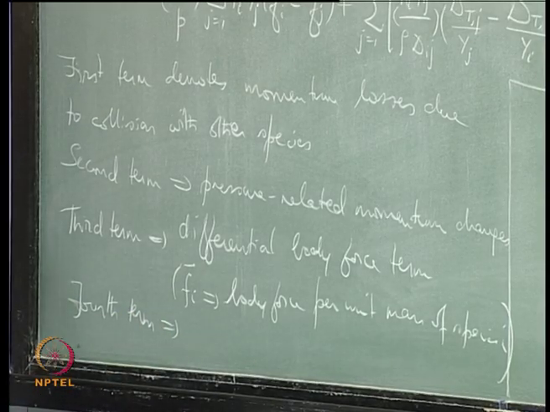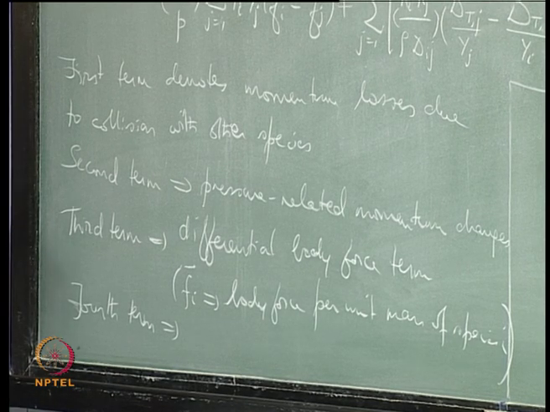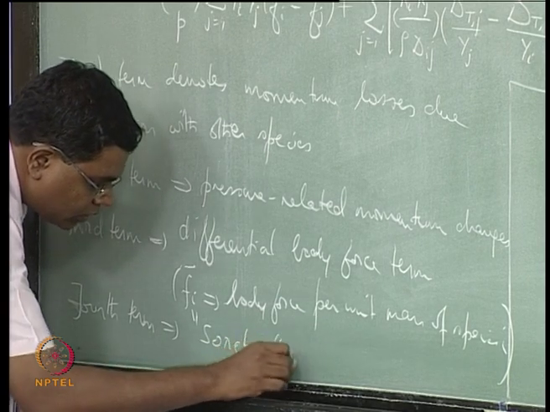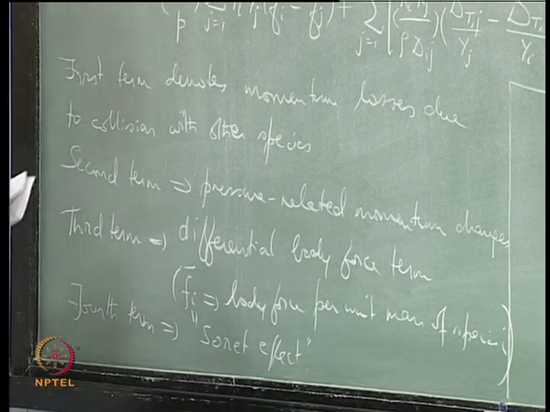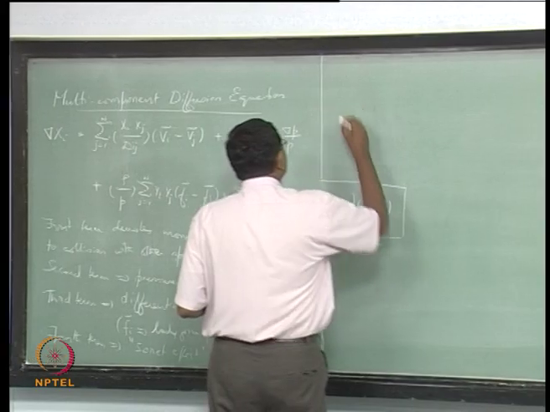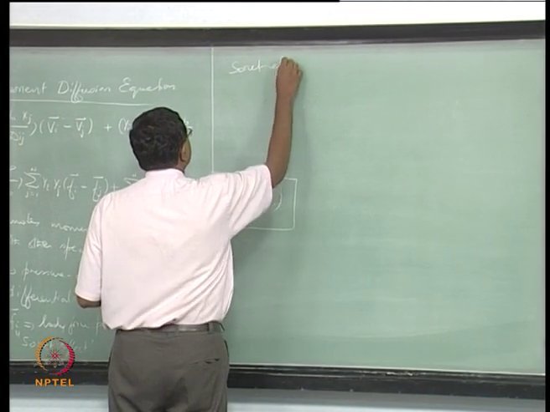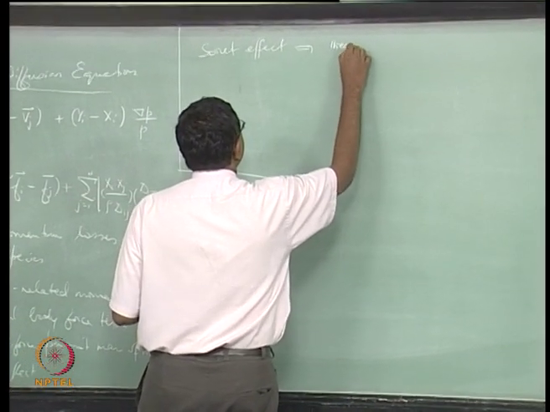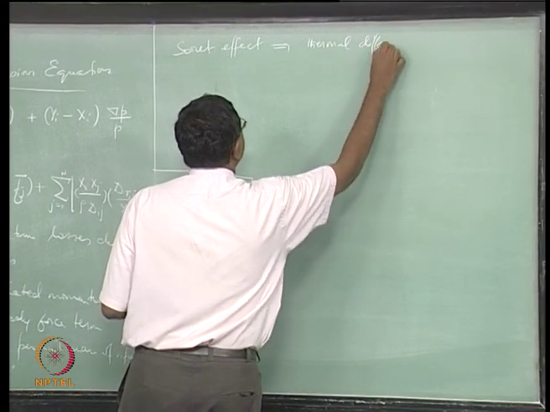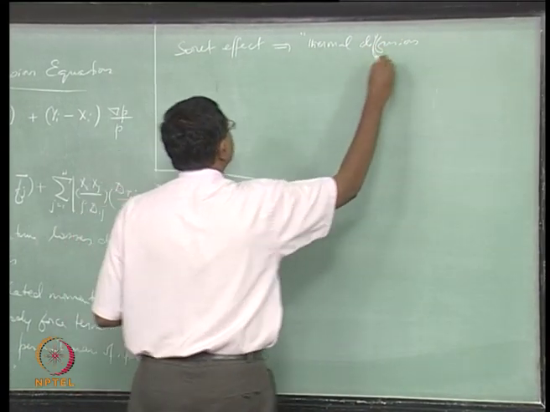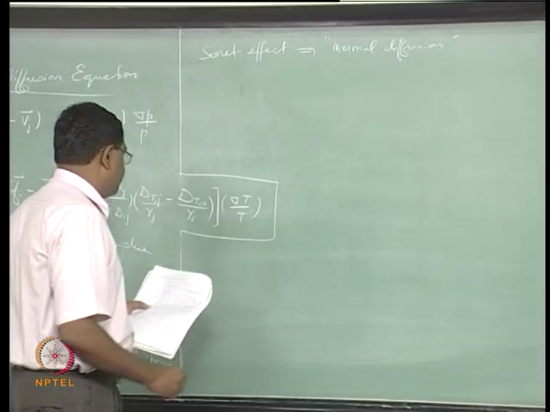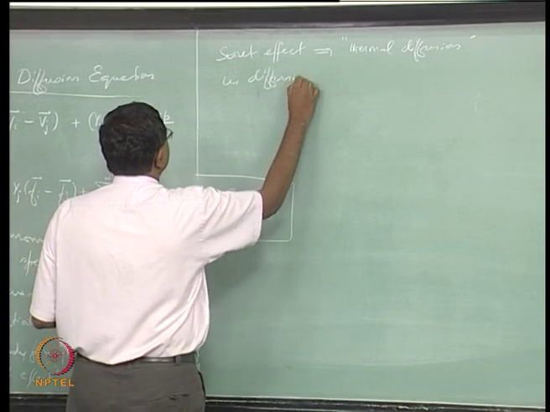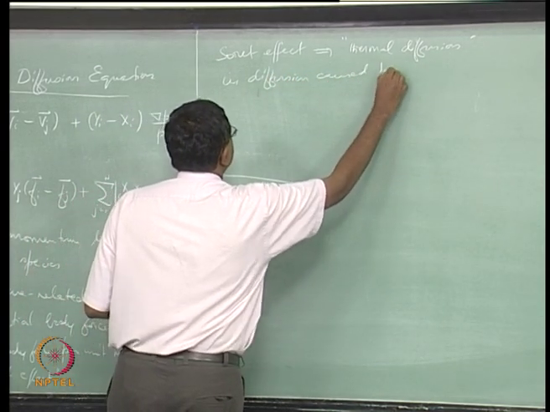is called the Soret effect. This refers to thermal diffusion, that is, diffusion caused by thermal gradients.